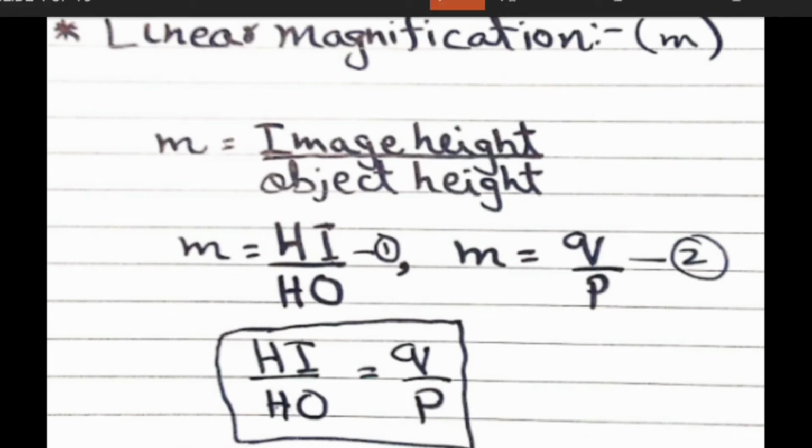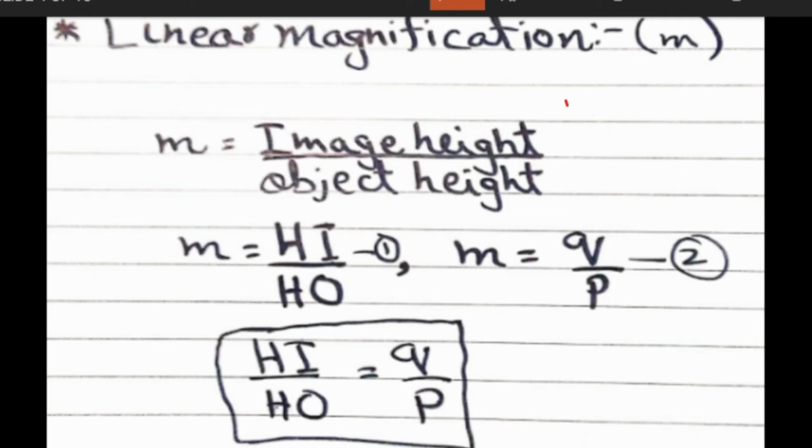Now, linear magnification. Linear magnification tells us how many times the image height is larger than the object height.